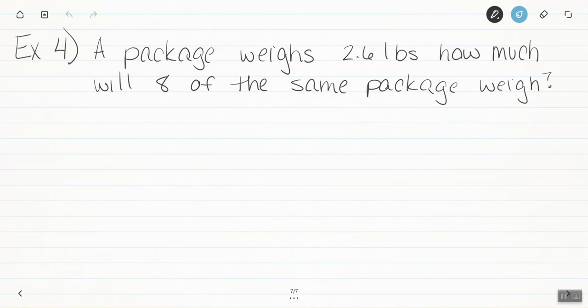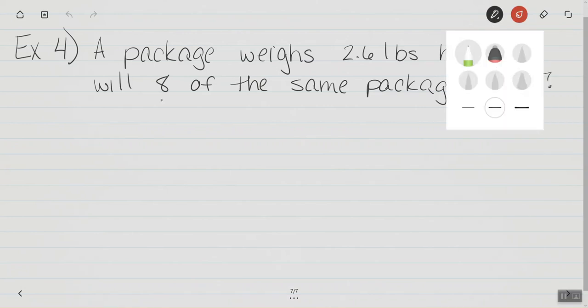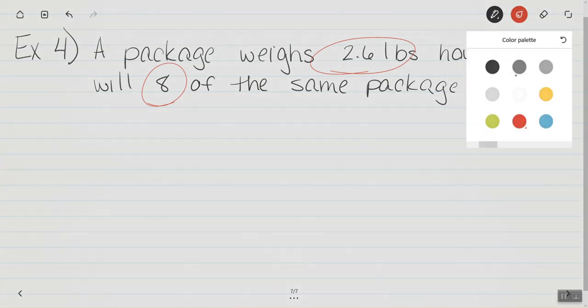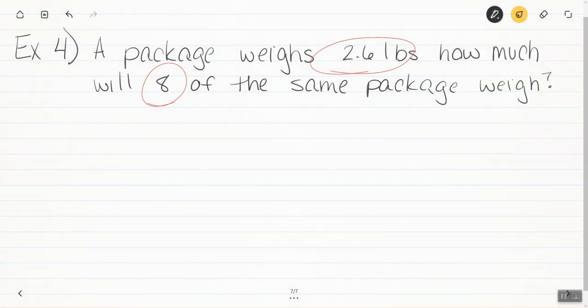A package weighs 2.6 pounds. How much will 8 of the same package weigh? The package weighs 2.6 pounds. How much will 8 of the same package weigh? All right, I'm going to circle my numbers, highlight, and look for keywords. So a package weighs 2.6 pounds.